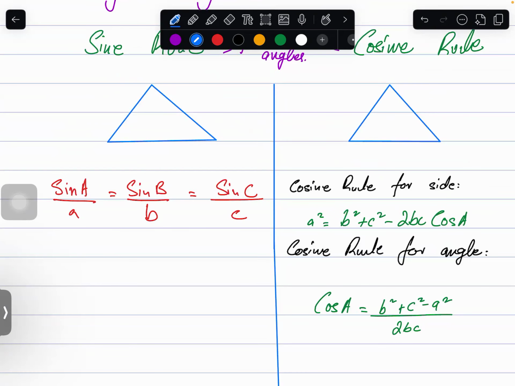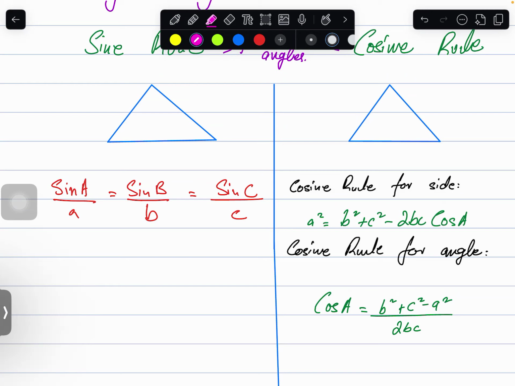Now, identification. Since you know that both of the triangles do not have a 90 degree angle, how can you rule out on which triangle you're going to use a sine rule or on which triangle you're going to use a cosine rule? Because both of the triangles are going to look the same.